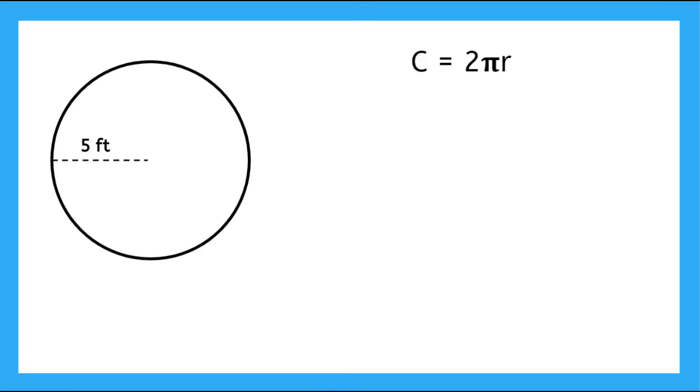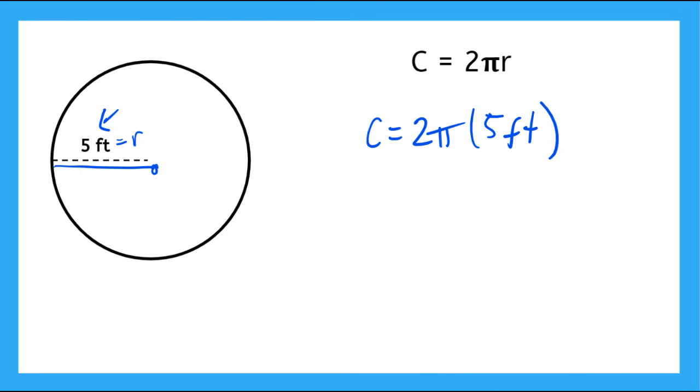Now let's do this example of finding the circumference of a circle. So I have this distance given to me, and since it goes from the edge to the center of the circle, I know that this is equal to my radius r. So I can plug it into our formula here. Circumference is equal to 2 times pi times my radius, which is 5 feet.